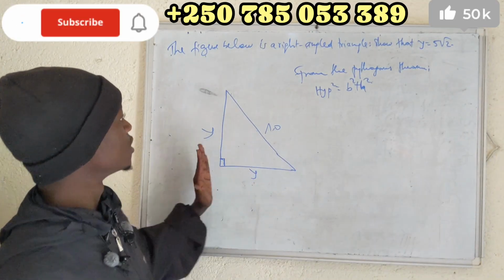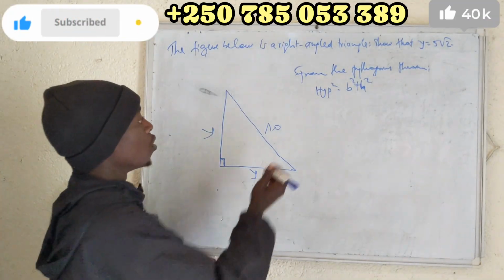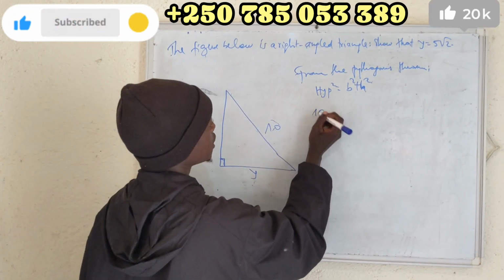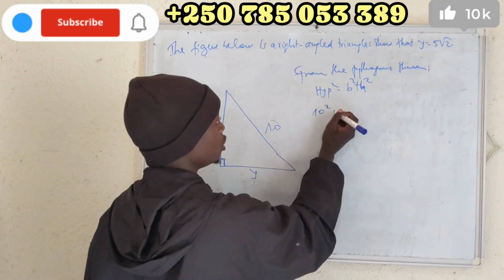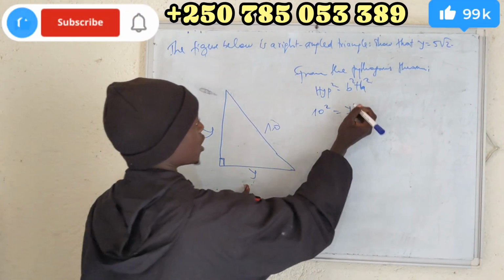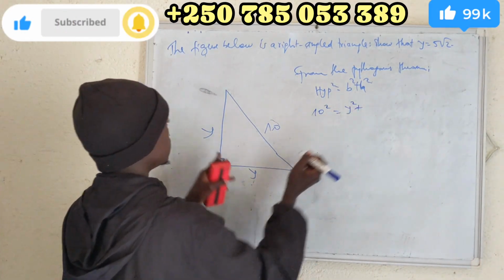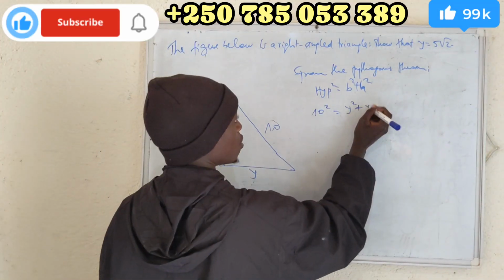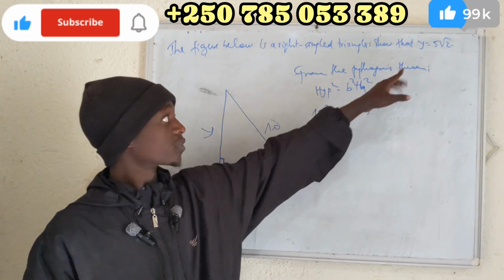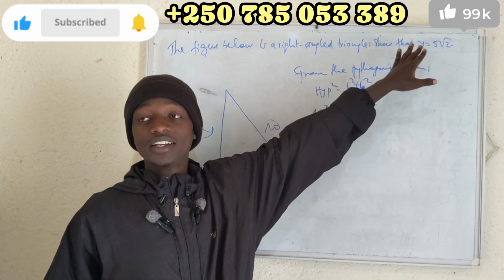This is the base and this is the height. So when we take hypotenuse squared, it means we take 10 squared and equate it with this base squared, y squared, plus this y squared. We are going to see if we get the same answer as we are asked to get.